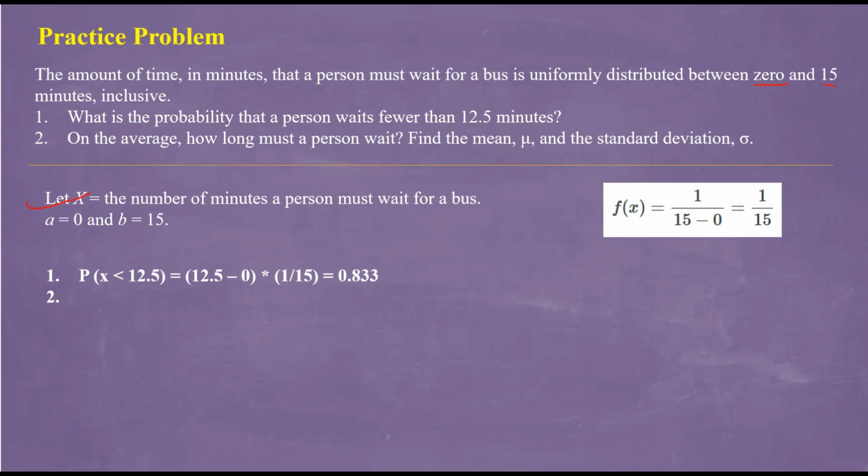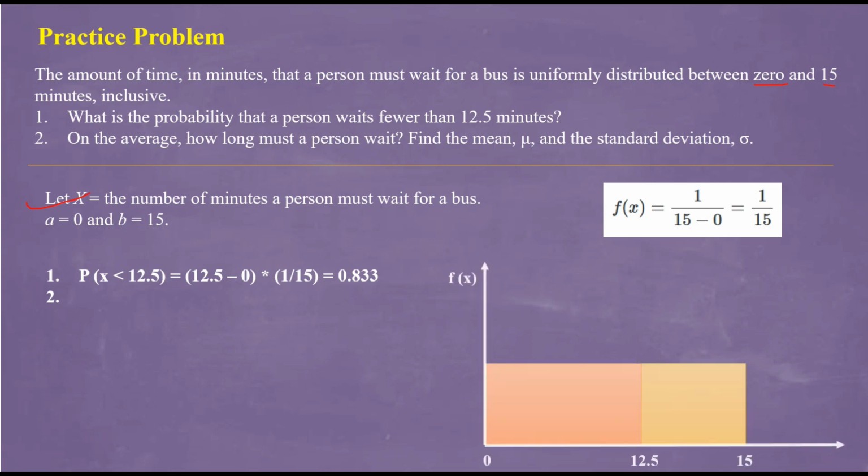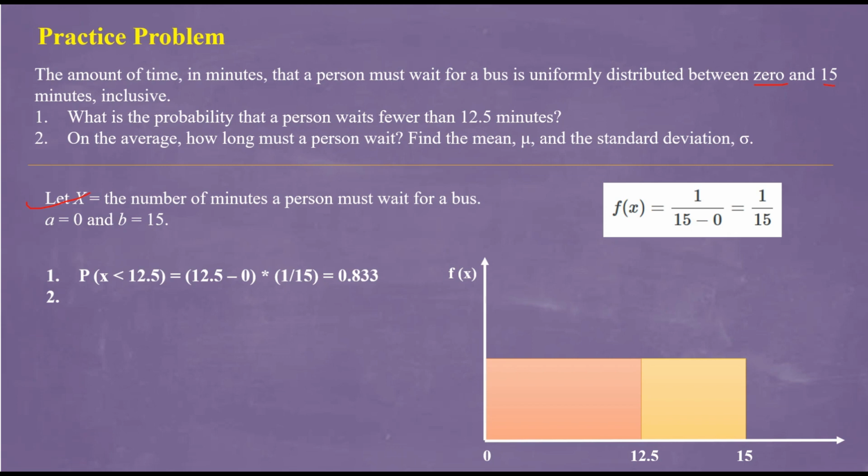In the first question, you have to find the probability that a person waits fewer than 12.5 minutes. If you see the graph, you basically want to calculate this shaded region, right? That is nothing but probability of x less than 12.5, which equals the area under this rectangle.